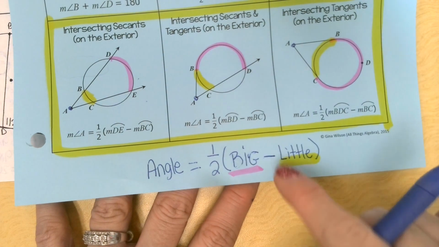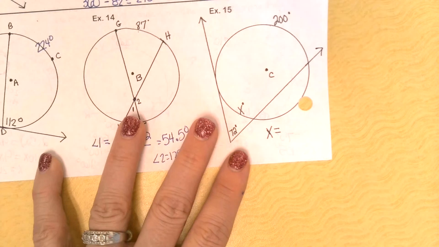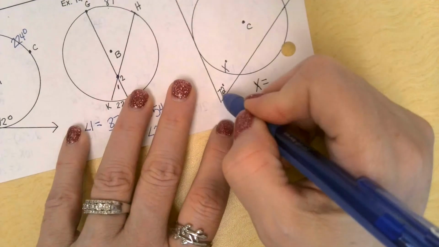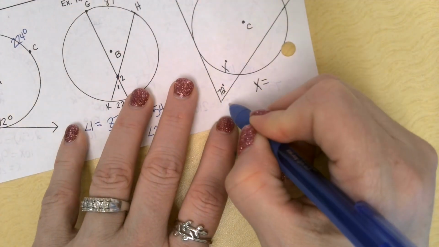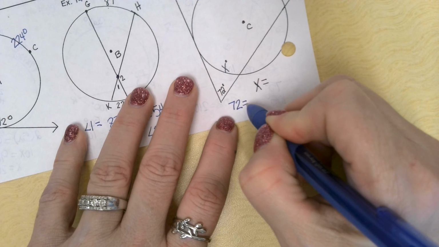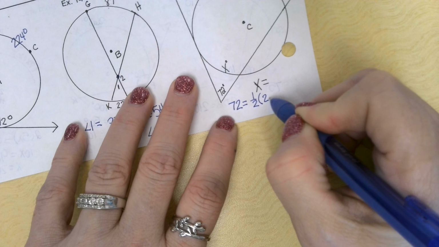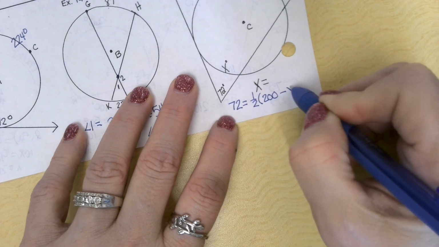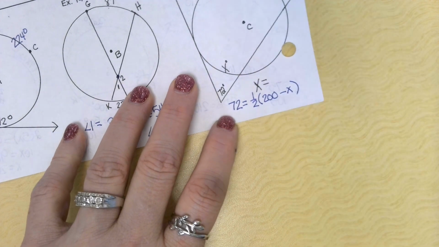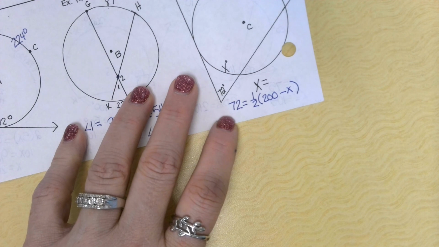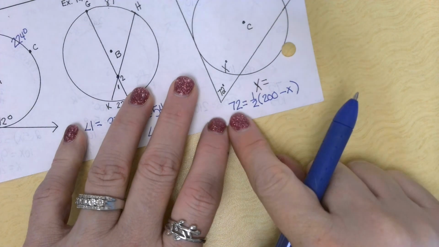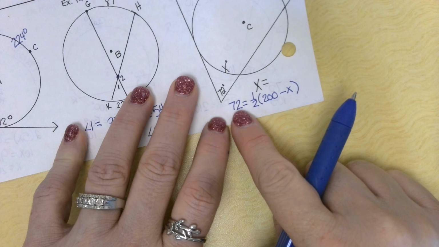Still, it's 1/2 big minus little anytime that point is on the outside. So the angle is 72. So I'm going to put 72 equals 1/2 big minus little. The only difference was I don't know what the little is, that's my x, and I do know what the angle is, and it's 72.